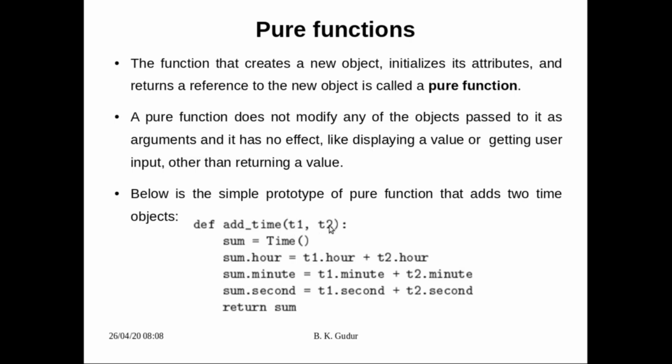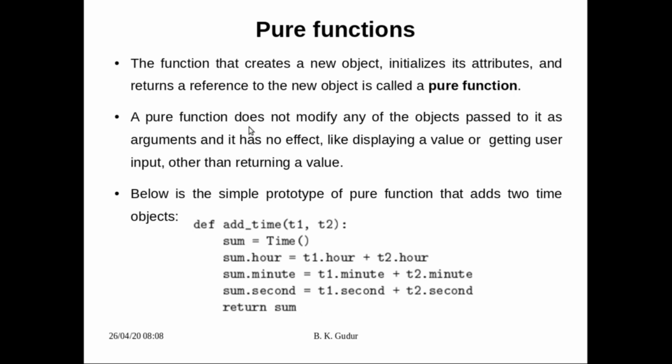After adding t1 and t2, it gets a third time object that is stored in sum. Sum is equal to Time, which creates a new object. Now sum.hour is equal to t1.hour plus t2.hour. Similarly, sum.minute is t1.minute plus t2.minute. Similarly, sum.second is t1.second plus t2.second.